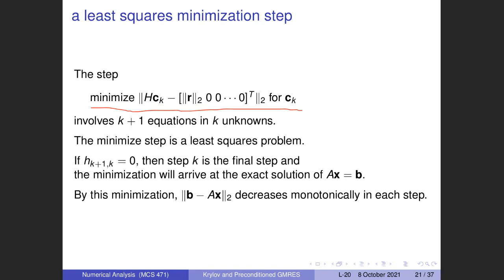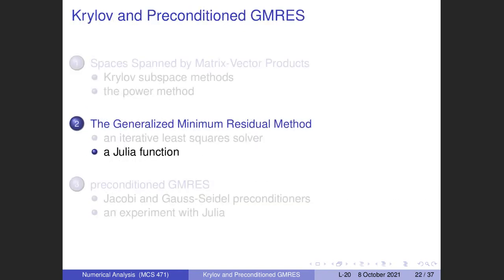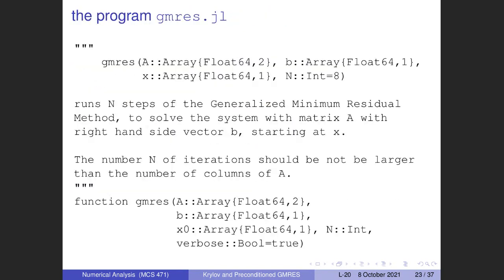All right, so it's an iterative method. We can also see how the error decreases. The residual is decreasing in each step. Then we are ready for the Julia function. We will run a number of steps of this algorithm.